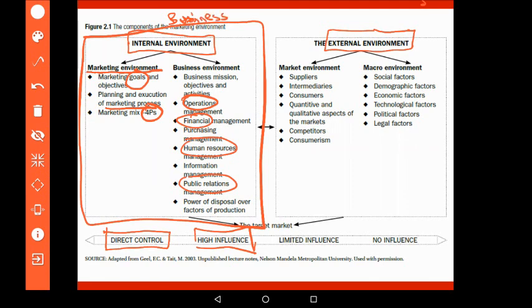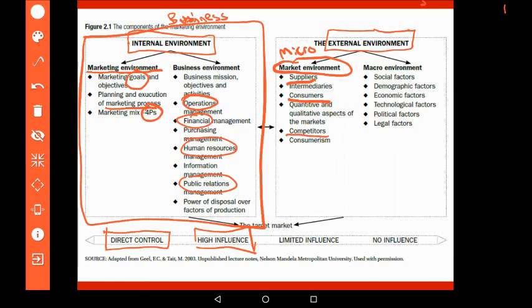Then the external environment. This is outside the business. Firstly, we have the market environment, which is also considered the micro environment, and that includes our suppliers, our consumers, even our competitors.